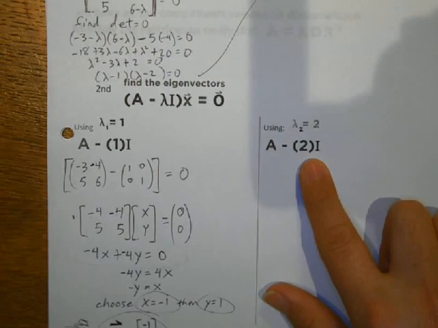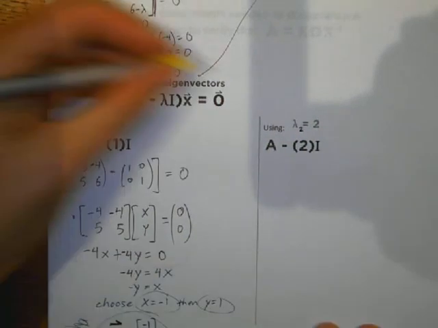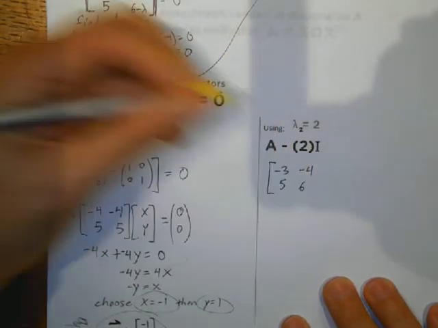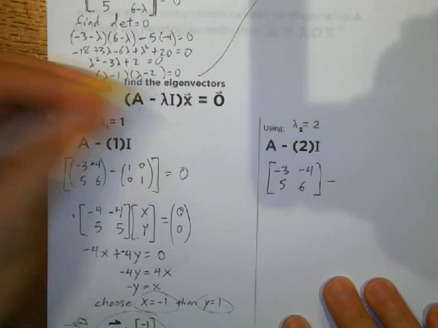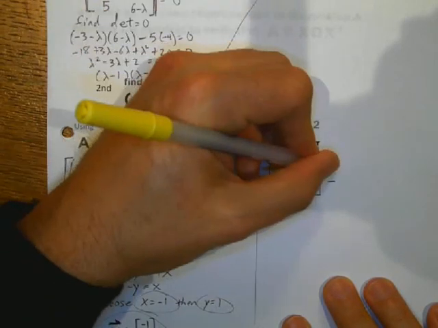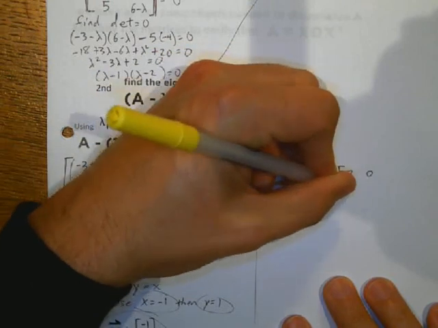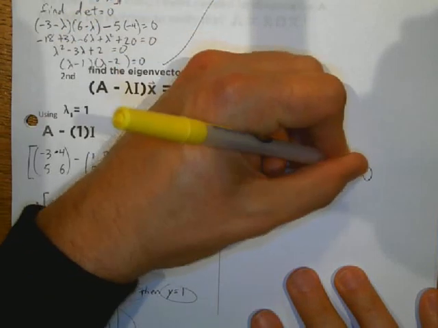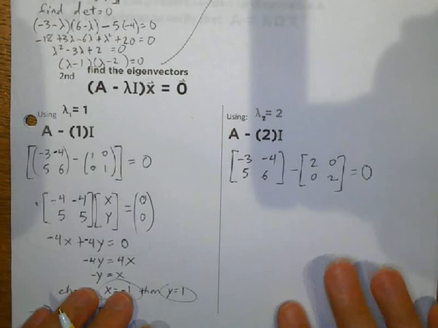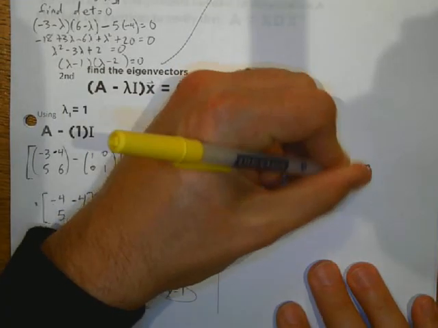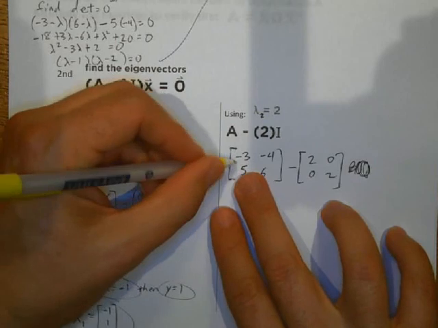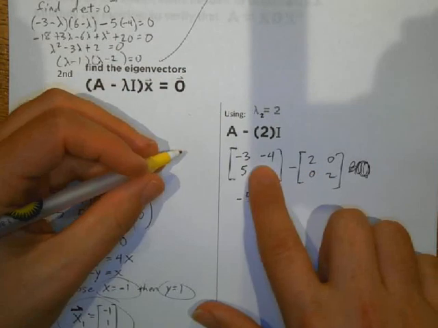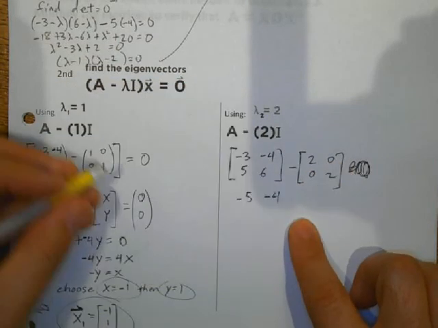Okay, so now with the second eigenvalue, we're going to find the eigenvector that goes with the second eigenvalue that's equal to 2. So matrix A, which is -3, -4, 5, and 6, minus 2, 0, 0, 2, and we're going to make that equal to, okay, that gets me -3 minus 2, which gives me -5. -4 minus 0 is -4. 5 minus 0 is 5.